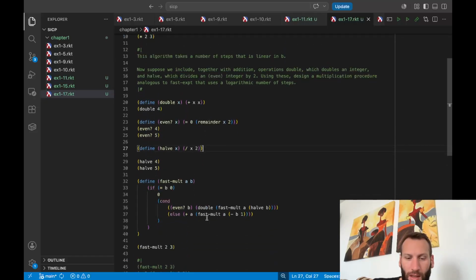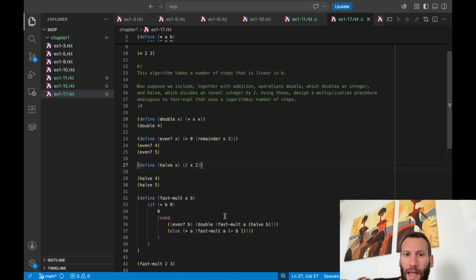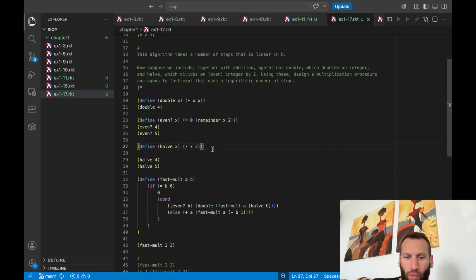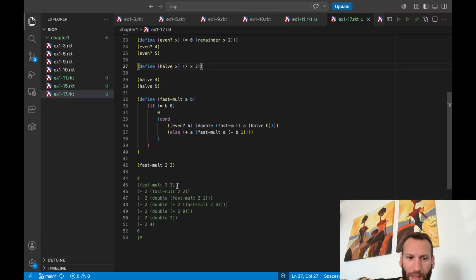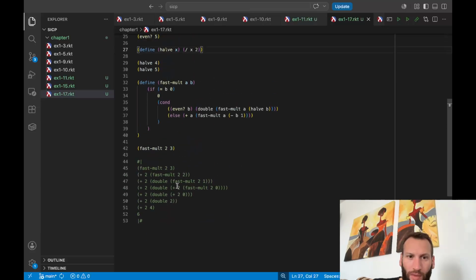As you can see, instead of the star, here I have fast-mult, but fast-mult is applied to A and B minus 1. And I checked, and everything works fine.